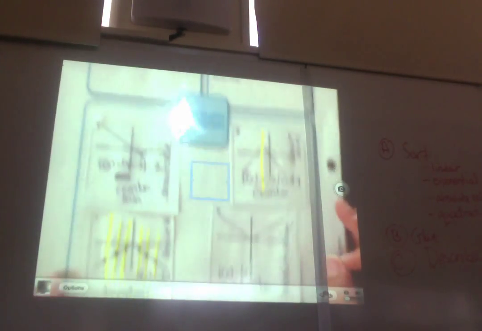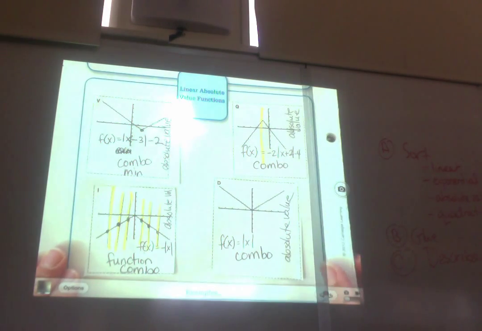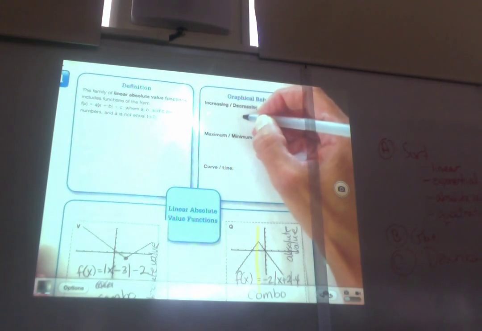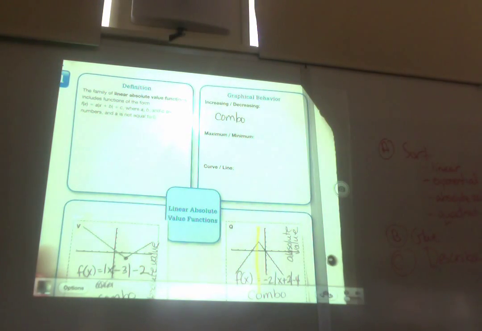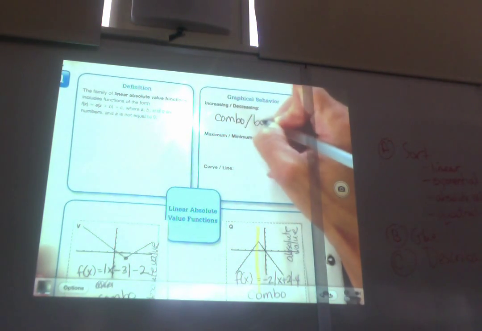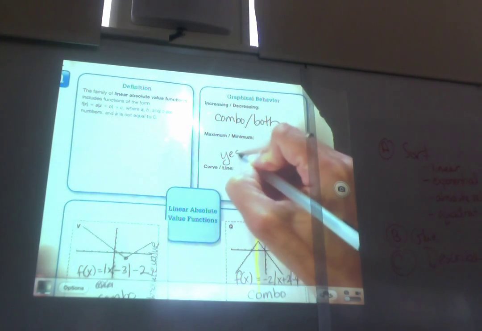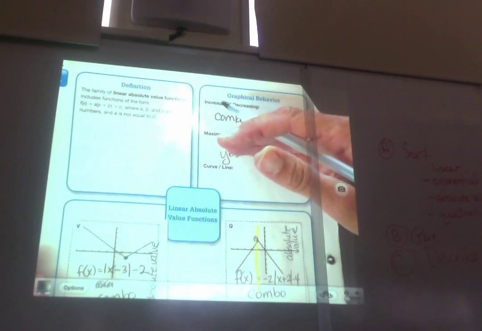Okay. Taking a look at absolute values. I have V, Q, I, and D. Increasing or decreasing? These again were combo, so they do both at the same time. You could say combo, you could say both. Do they have a max and a min? Yes. Again, they have a point where that's the maximum, right here in graph Q. Nothing is higher than it.